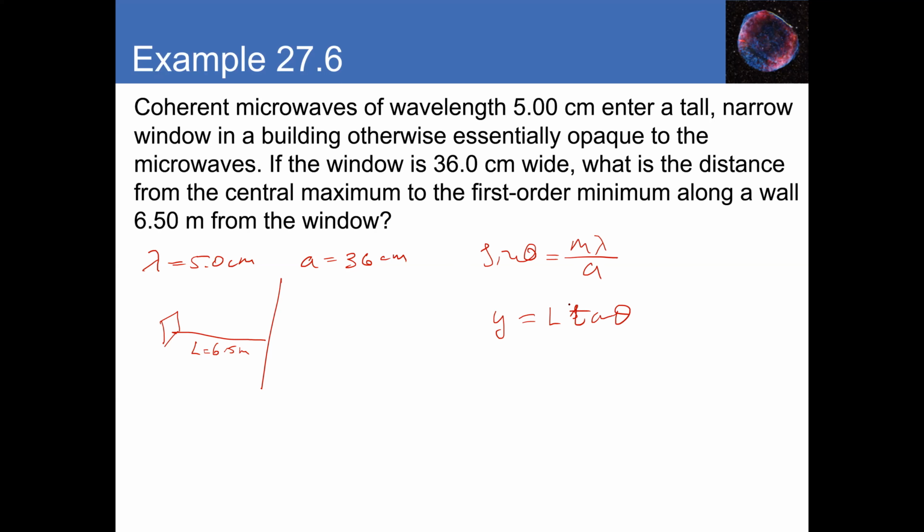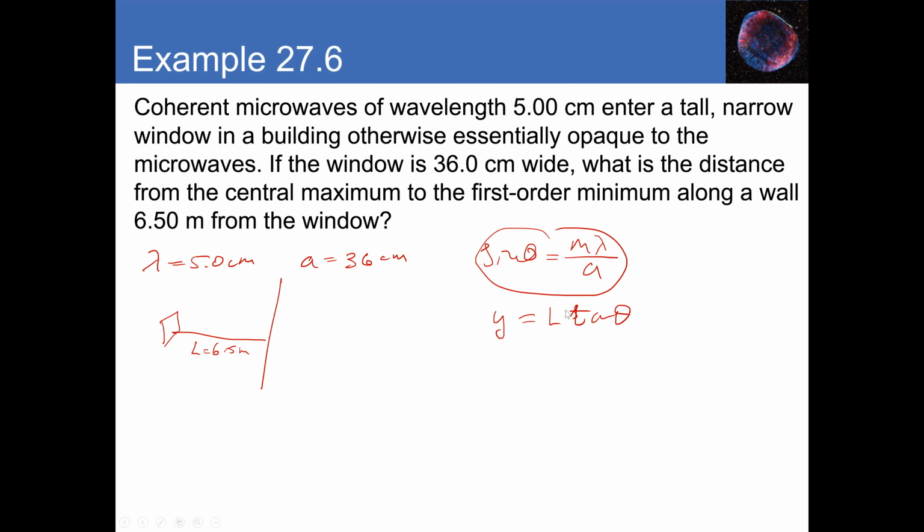I have different ways in my slides where I can use this to find theta. And generally here it is a good idea because theta might not be too small. Remember, whenever theta is a few degrees, then sine of theta equals theta.